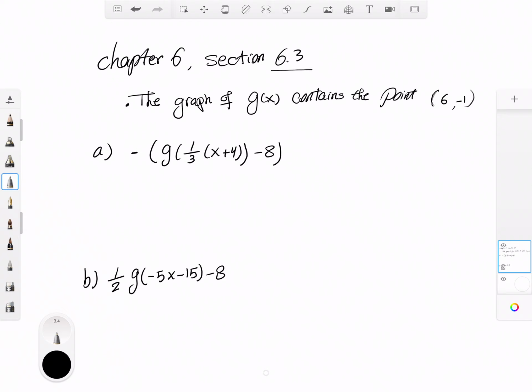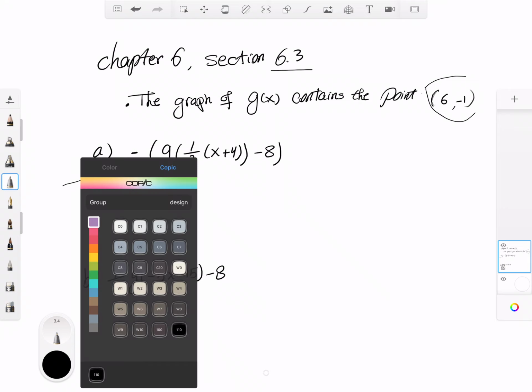Chapter 6, I believe. So that's chapter 6, section 6.3. We have a point on the graph, (6, -1), and they're asking us where this point will be after this transformation.